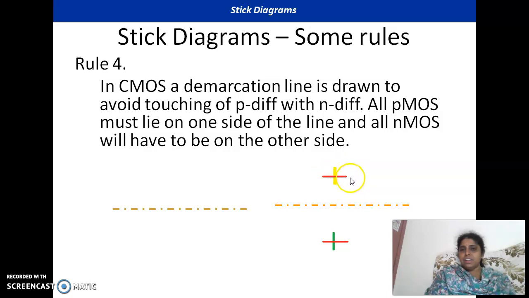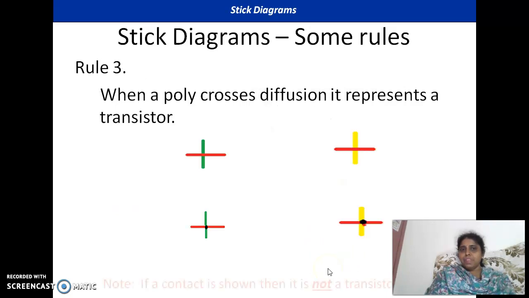Yellow and red cross indicates PMOS, green and red cross indicates NMOS. We have these two transistors. When poly crosses diffusion, it represents a transistor. Green is diffusion, red is poly. Whenever this happens, it is a transistor. It is PMOS, it is NMOS.